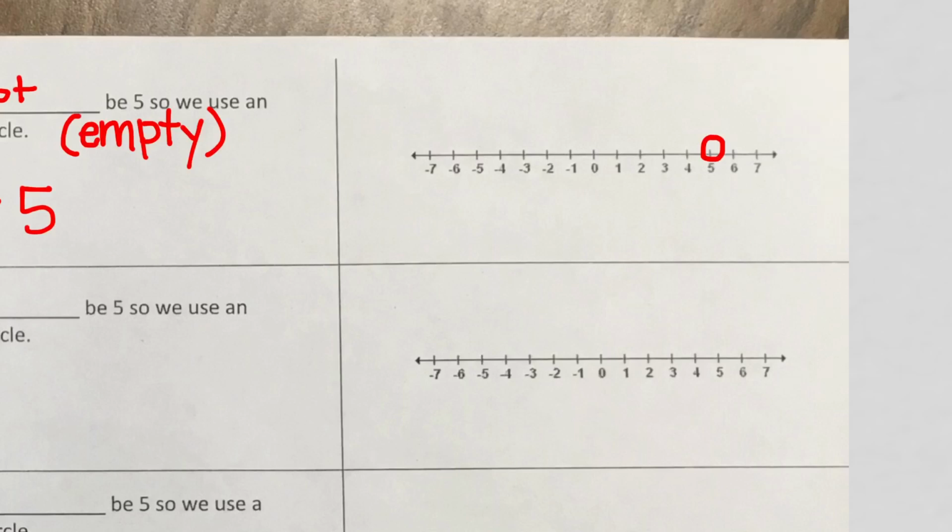Now it's greater than 5. So which way would it go if it's greater than? To the right, right? So I'm going to say this way. That's how I would graph it. I would have an open circle and then an arrow showing me that it's greater. So it doesn't include 5, but it's greater than 5. That's how I would graph that.